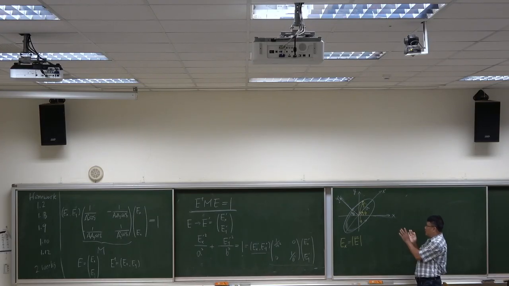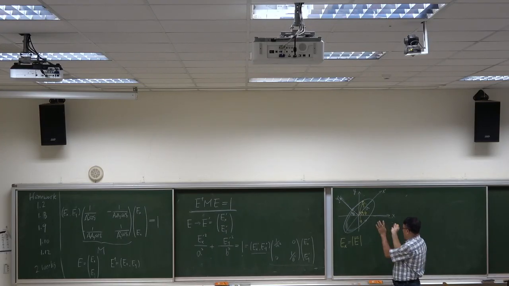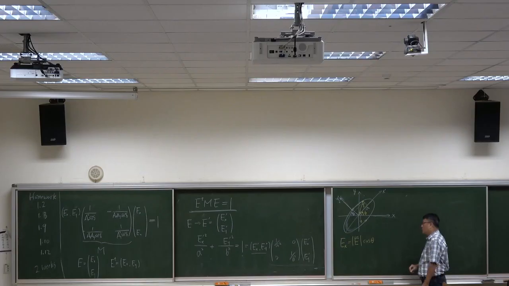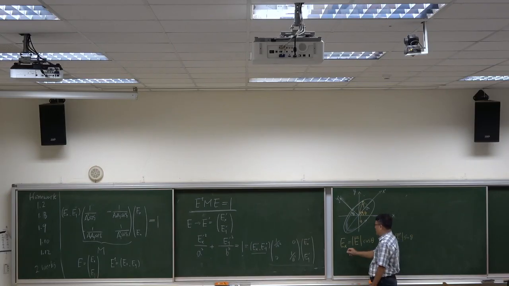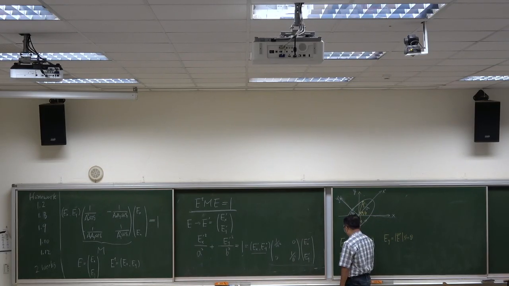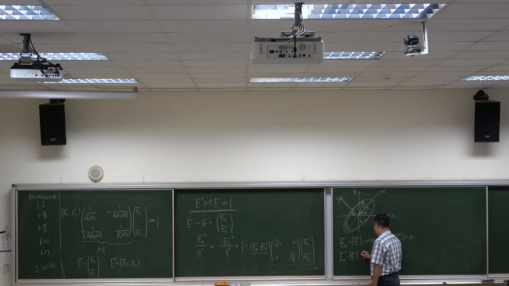Theta is the angle between the E vector and the x-axis. So this is E cosine theta. And the Ey is E times sine theta. And what is Ex prime? Ex prime is E times cosine theta minus phi.